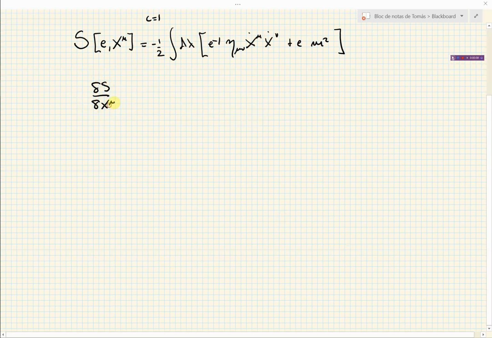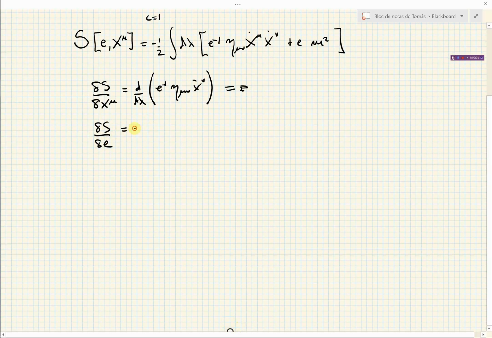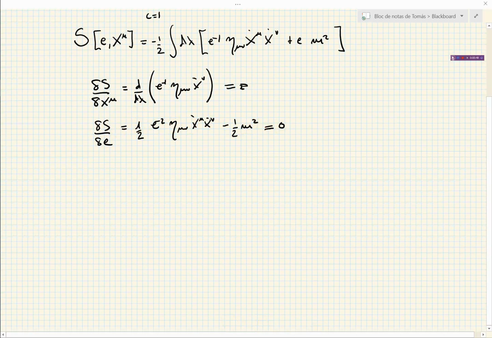These are very simple, so they can be obtained in just one shot, and they read d/dλ of e^(-1) η_μν ẋ^ν equal to 0. And the equation of motion for e can also be obtained in just one shot. It is a half e^(-2) η_μν ẋ^μ ẋ^ν minus a half of m² equal to 0.